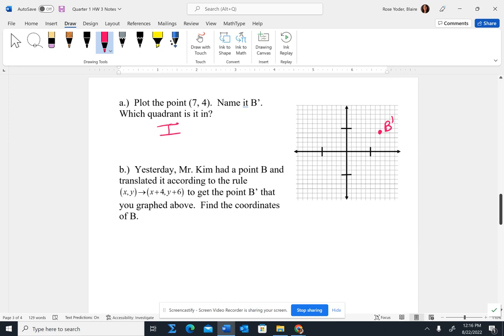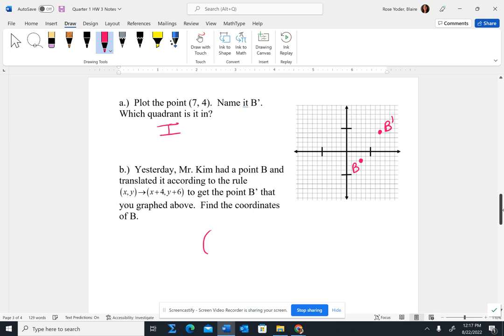So keep in mind, I am not telling you to shift it right 4 and up 6. I'm telling you that he shifted a different point right 4 and up 6 to get to B prime. So we actually need to work backwards. If we go left 4 and down 6, that should get us at our original B. What I do is I just make sure and check that if I go from B to B prime, make sure that you can count right 4 and up 6.